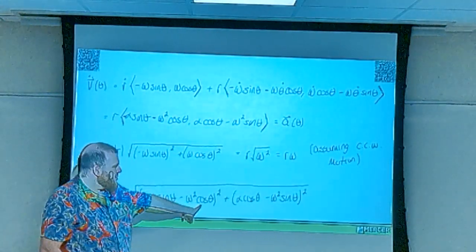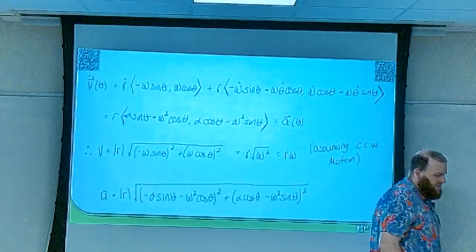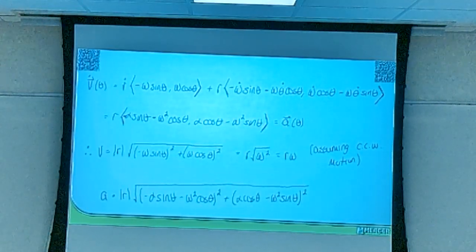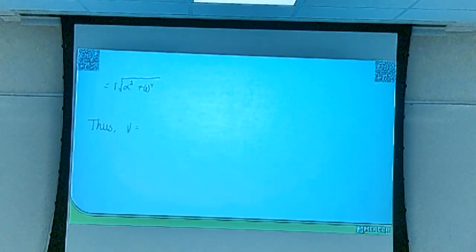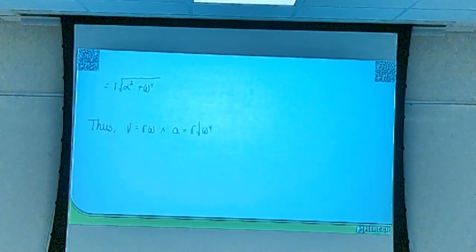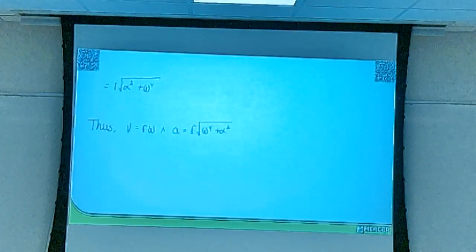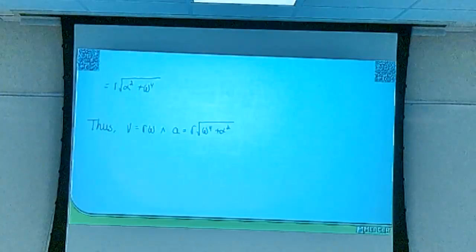Omega to the fourth cosine squared plus omega to the fourth sine squared is just omega to the fourth. Which is what was to be shown.